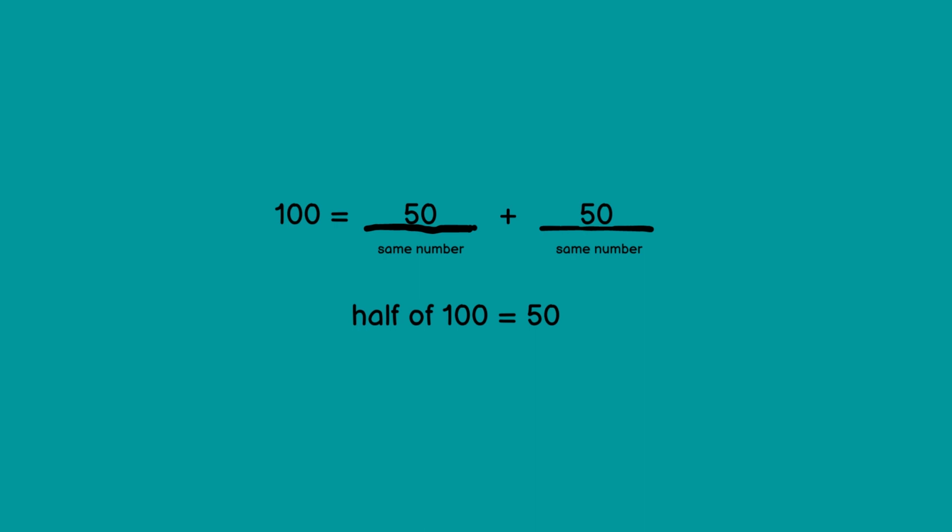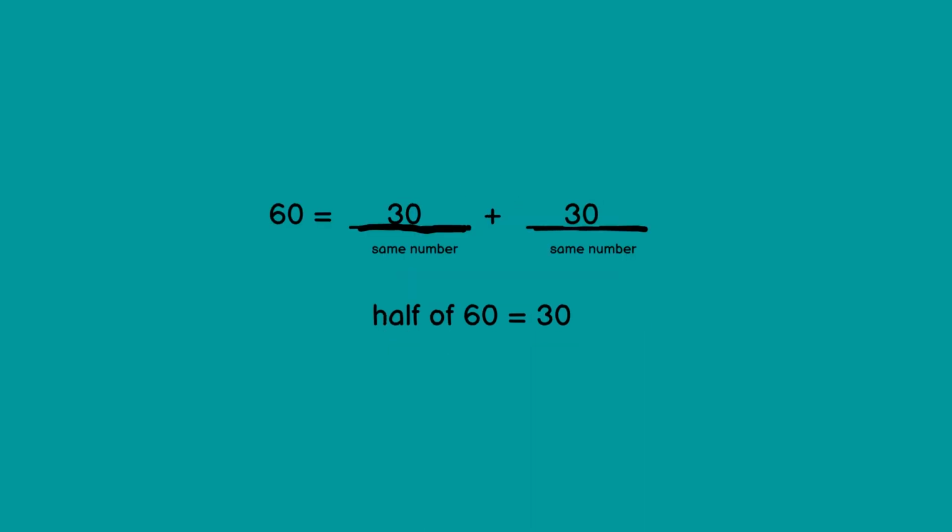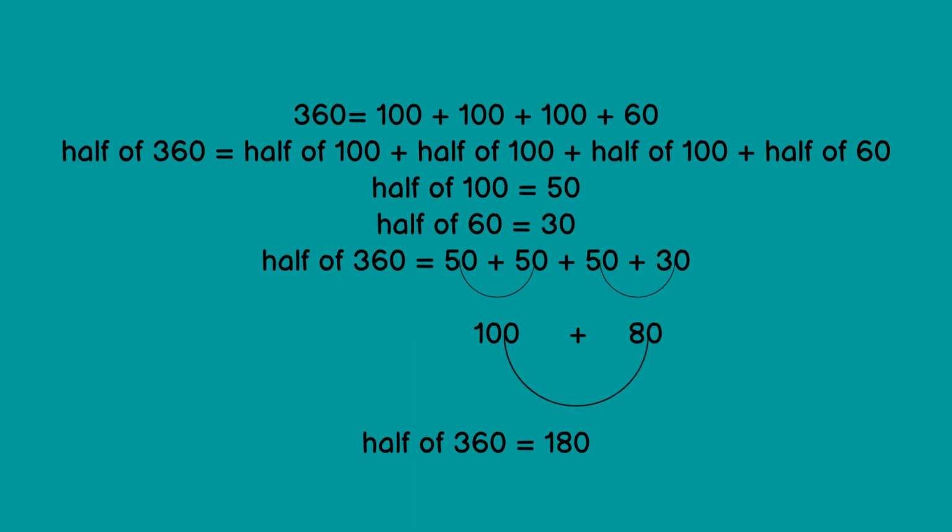And since 30 plus 30 is equal to 60, half of 60 is going to be 30. So half of 360 is going to be equal to 50 plus 50 plus 50 plus 30 because we have 3 100s and 60. So then that means we need to have 3 50s and 1 30. And that's going to be equal to 180 when we add those all together.